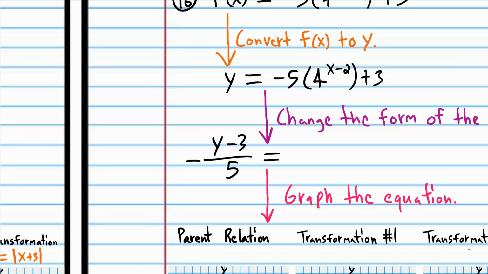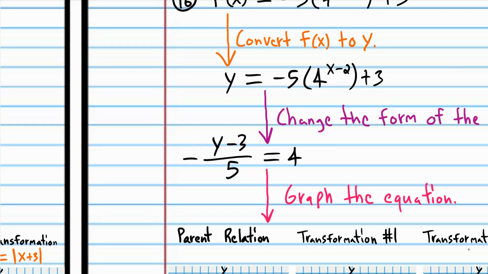You can write the negative in the numerator, but then you would have to distribute the negative to the y and to the -3. So we'd have -y plus 3. Or you could use parentheses and just keep it out in front. But I'm going to write the negative symbol in front of the fraction line.